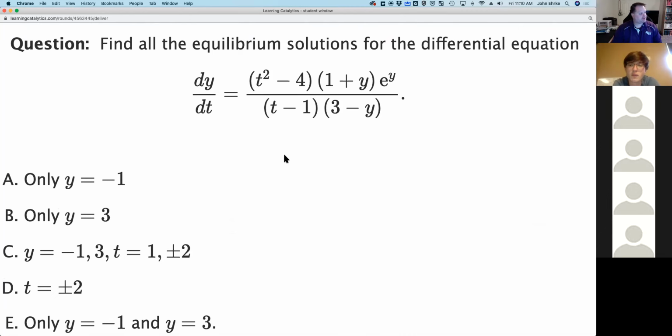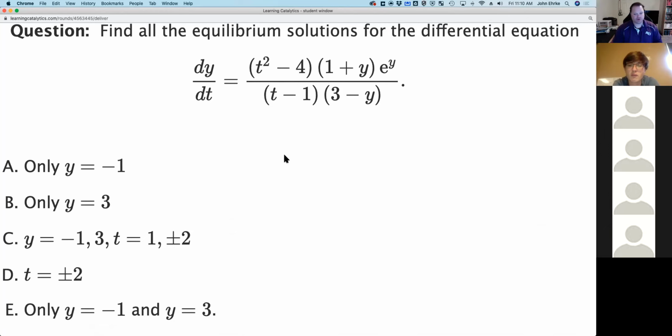So which of these answer choices is an equilibrium solution? You've got about 30 seconds for this. I know that's pretty quick, but I don't want to keep us over time.